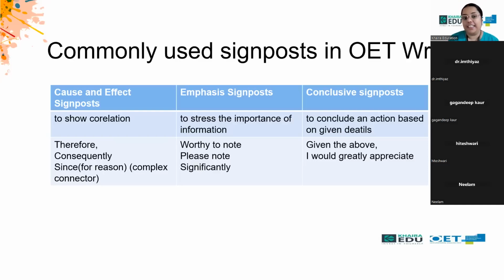The next category is to emphasize something in the letter. Many a times you want the recipient's attention to be drawn to a particular piece of information. These are especially used when you're talking about an appointment of the patient, a follow-up of the patient. In such cases, you can use emphasis signposts. Worthy to note, please note, significantly. For example, please note, Mr. Mark's follow-up appointment is scheduled on 20th of April, 2023, at our facility.